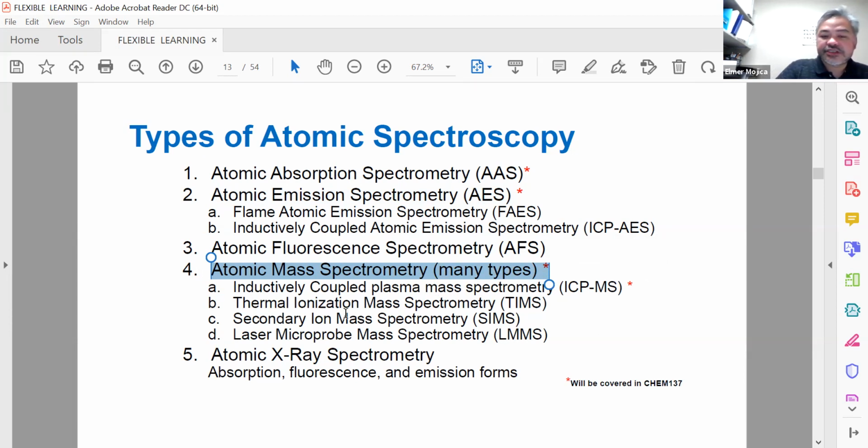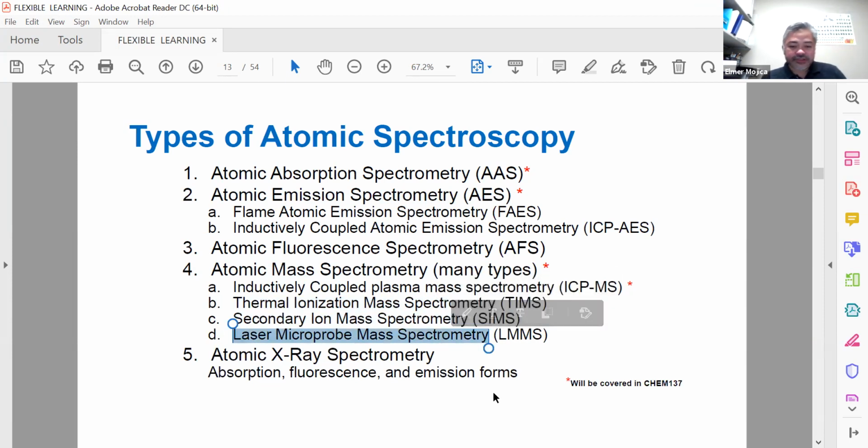The rest of the atomic mass spectrometry types are thermal ionization mass spectrometry, secondary ion mass spectrometry, and laser microprobe mass spectrometry. And then we also have atomic X-ray spectrometry, which has absorption, fluorescence, and emission forms.